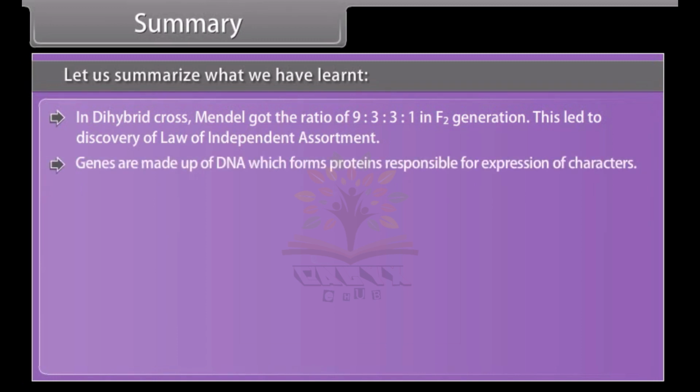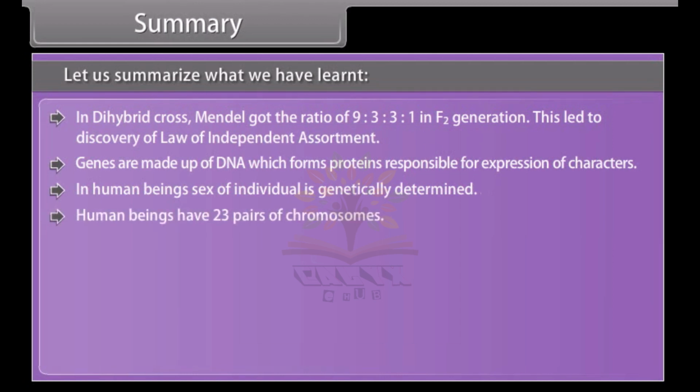Genes are made up of DNA, which forms proteins responsible for the expression of characters. In human beings, the sex of an individual is genetically determined. Human beings have 23 pairs of chromosomes. The 23rd pair is known as the sex chromosome.